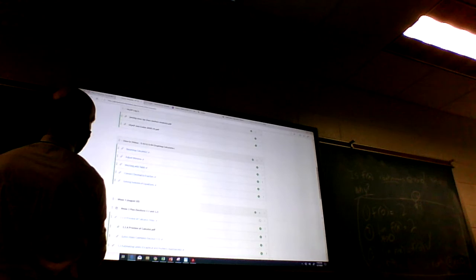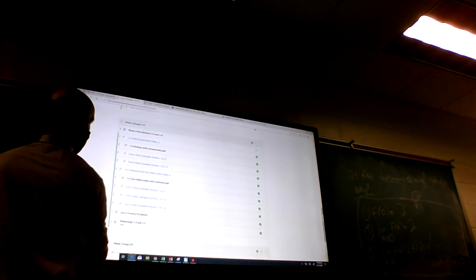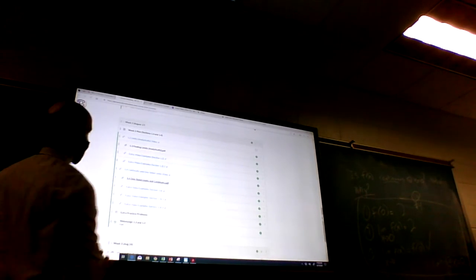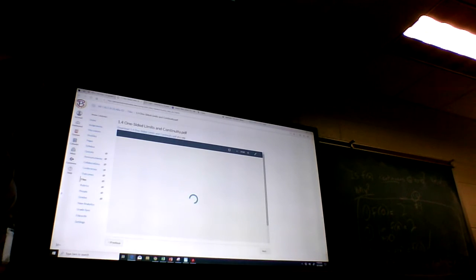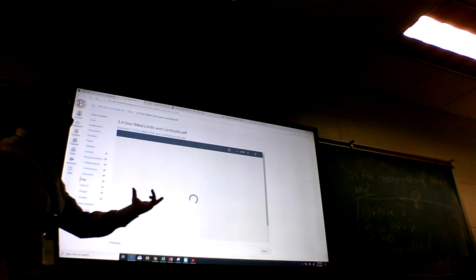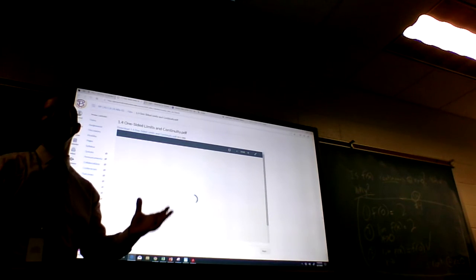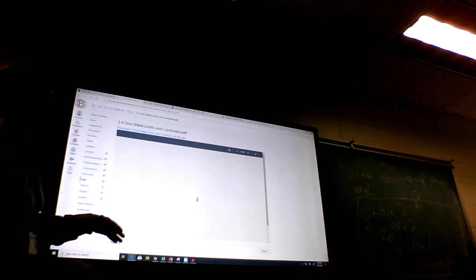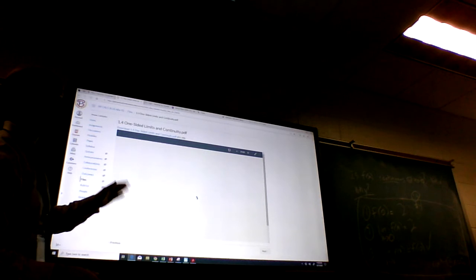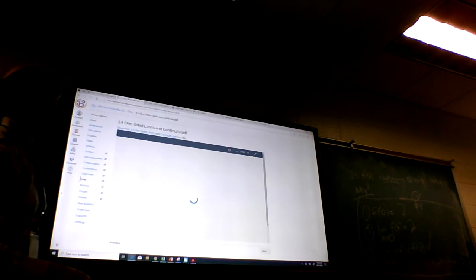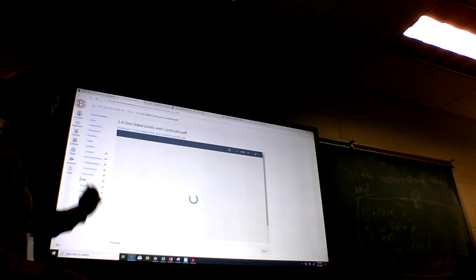I want to do the notes for section 1.4, which are right here. So it's going to pop up. I apologize, guys. Most of the time when I put my notes in here, I make it so there's 6 slides on one page. Here I accidentally forgot to do that, so it's like 20-some slides. But we're going to go to the 4th one, maybe, if it opens up.